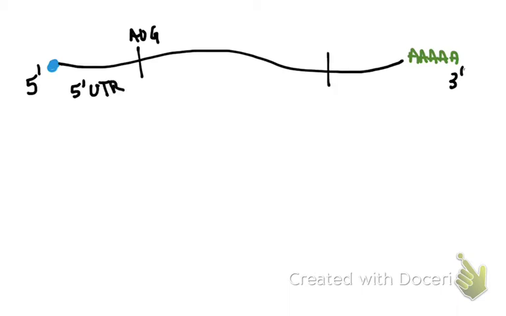After the stop codon, which can be something like UAG, there is what we call the 3' untranslated region. These are part of the mature mRNA, and they may contain sequences that actually control how well this mRNA is going to be translated.